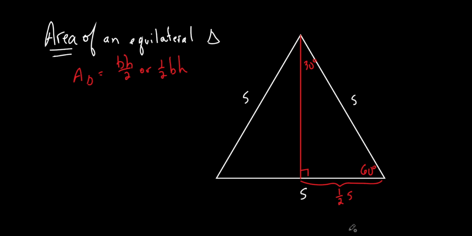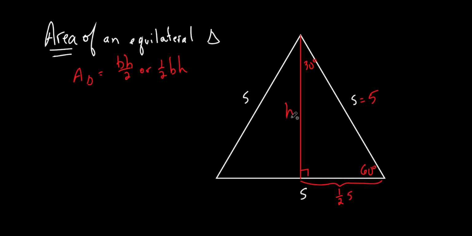Okay, so now look, I've got a 30, 60, 90 triangle. I have my short side. That's the short side, so I can find the other two things, can't I? What's this side going to be? It's going to be S, because they're all the same. What about the height, though? That's the key.